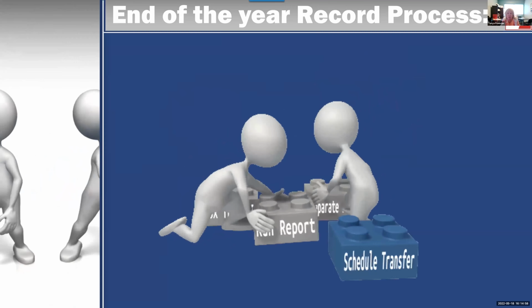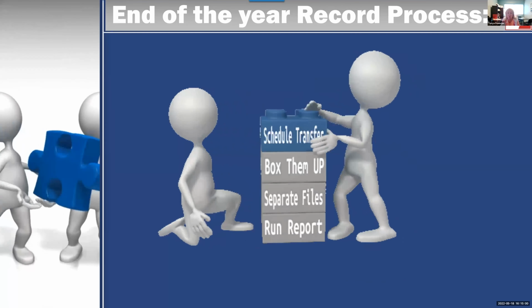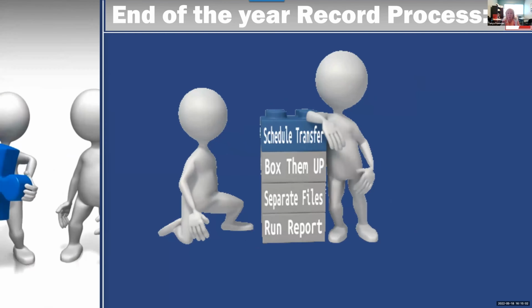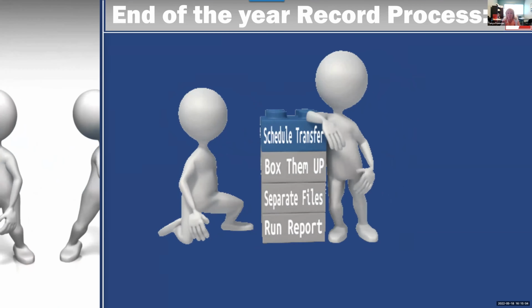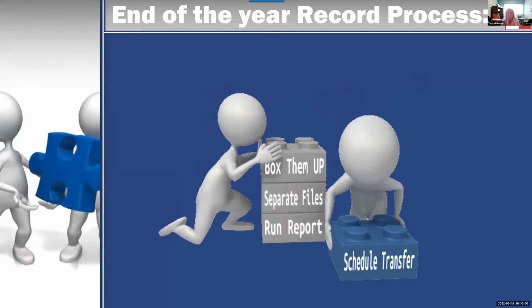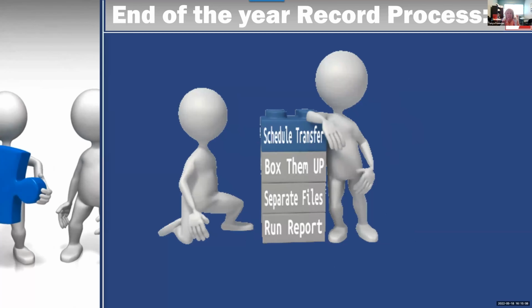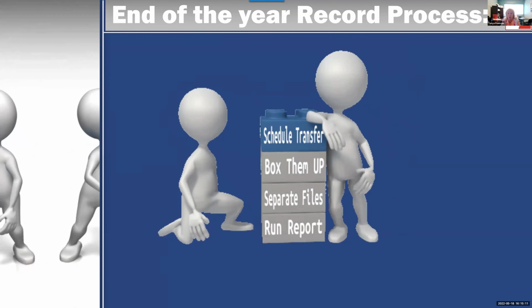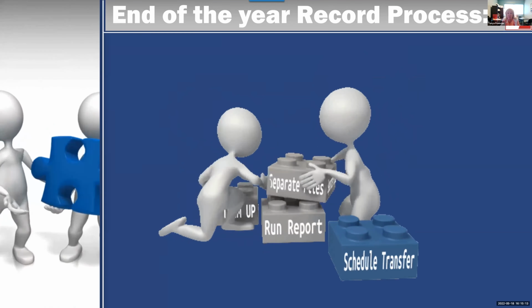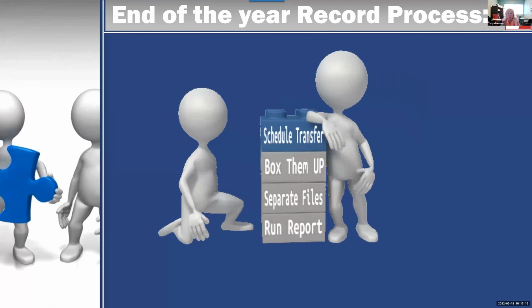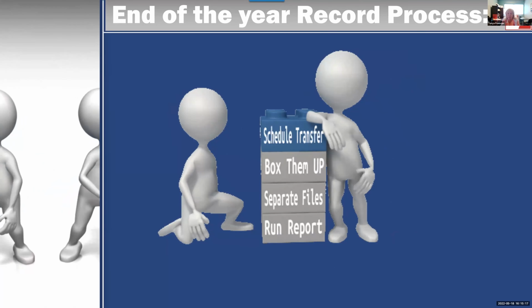At the end of the school year, you will need to print the school year end leaving report to verify the next school of assignment for students leaving your building for another CCS school. There are step-by-step directions that can be found on the IC dashboard under end of year secretary information.